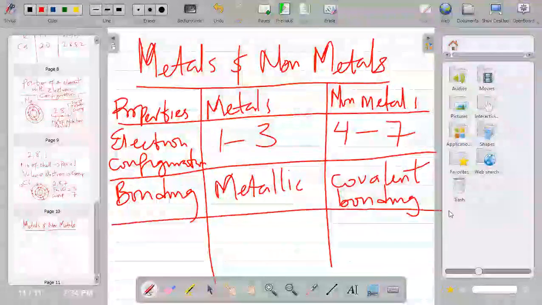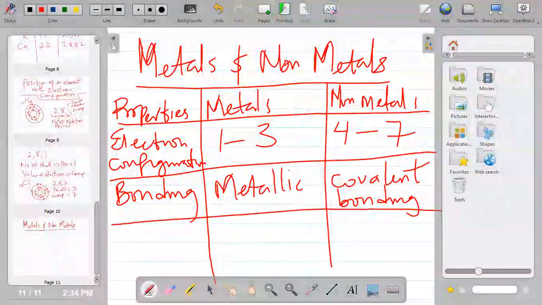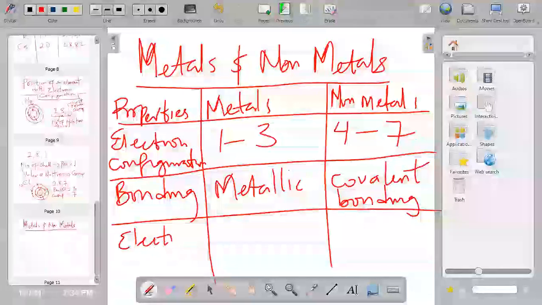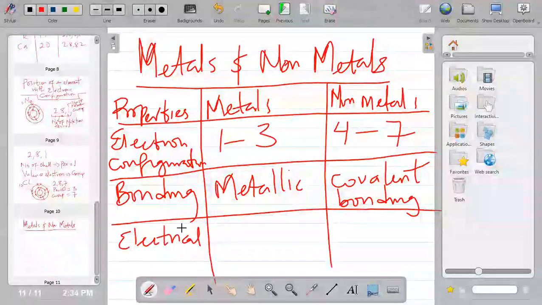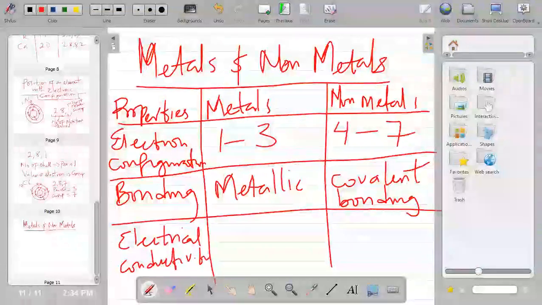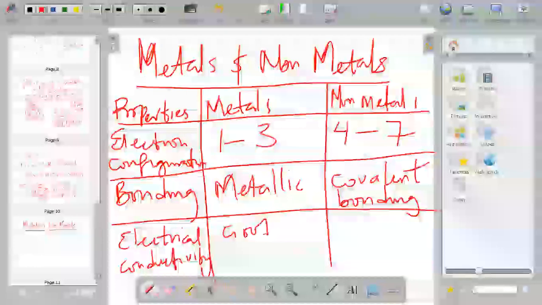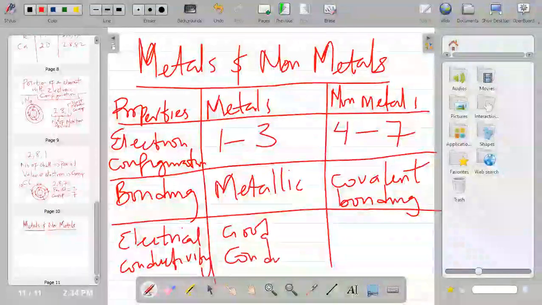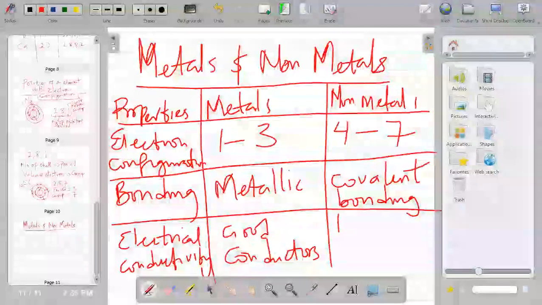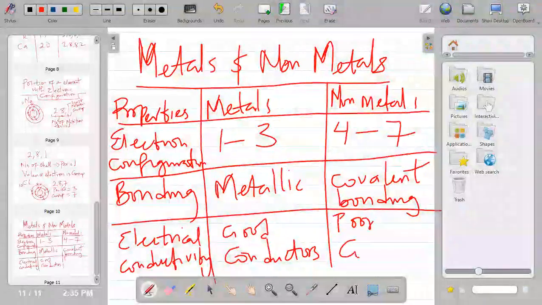Another property that is important is the electrical conductivity. Now, talking about the electrical conductivity, metals are known to be good conductors, while non-metals are simply poor conductors.